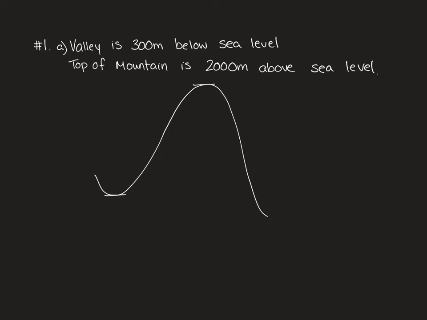Now, sea level would be kind of this line of where the ocean typically is. And so what they're saying is that the bottom of the valley is 300 meters below, and the top of the mountain is 2,000 meters above this blue sea level line.